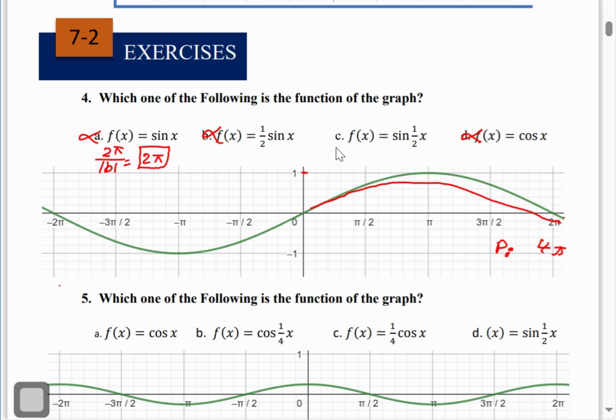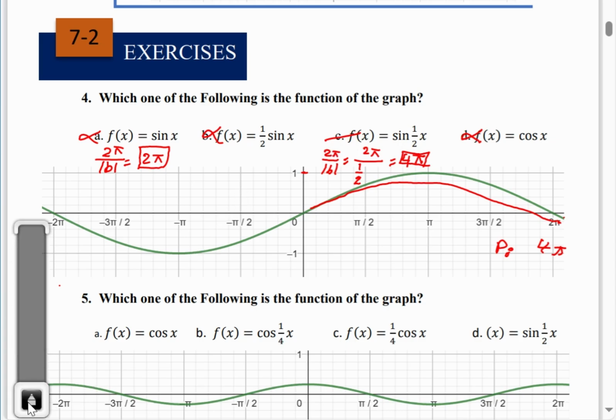And in here we have 2 pi over b. b is 1 over 2. 2 pi over 1 over 2, by a calculator, equals 4 pi, or 2 divided by half is 4. So the period of this function is 4 pi. So C is the true answer.